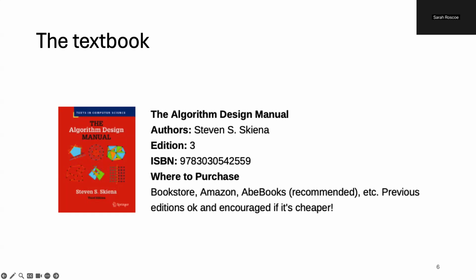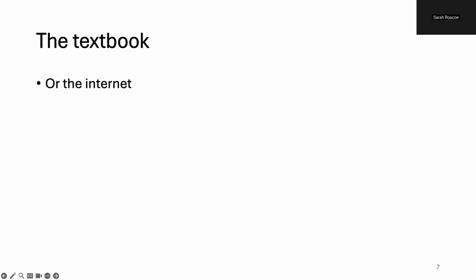There's also a bunch of resources for algorithms and understanding algorithm analysis on the internet, and there are so many other textbooks out there. If you're not understanding something, I really encourage you to go to the library, go to the algorithms section, and pull things off the shelf and see if the topic we're looking at is in there.